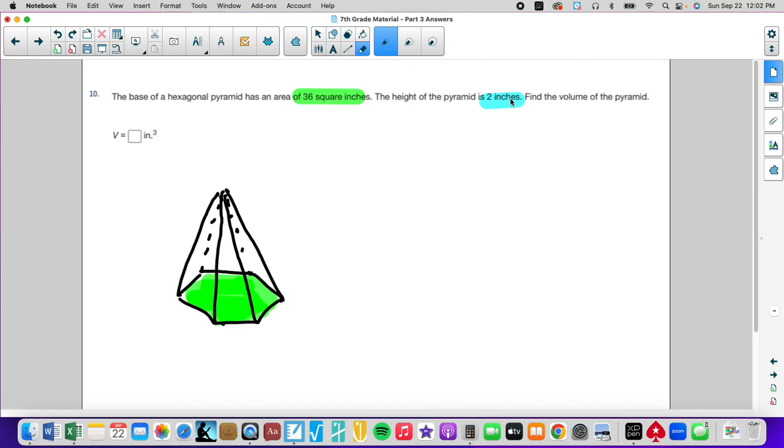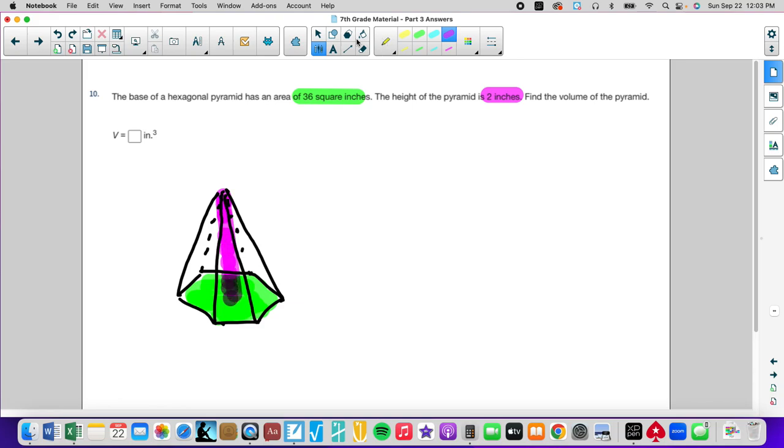Let me erase this. And let's go back to this. So I like this color. 2 inches. The height of a pyramid has to go from the center. We have the difference of a slant height, and our height is from the base to the top of the object. So that's going to be 2 inches, okay?